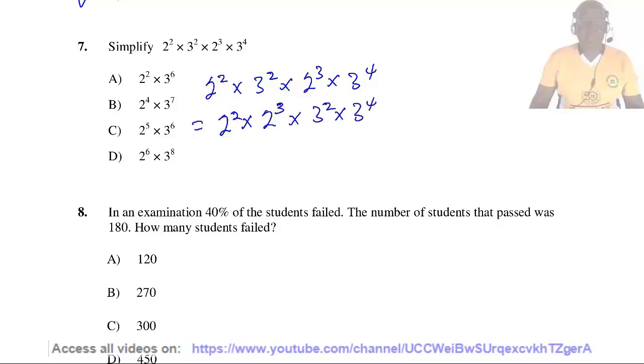Now let us multiply 2 squared by 2 raised to the power 3 by adding up their indices. So 2 plus 3 is 5. Now we shall multiply 3 squared by 3 raised to the power 4 by adding up their indices. So it will be 3 raised to the power 2 plus 4, that is 6. So the answer is C.